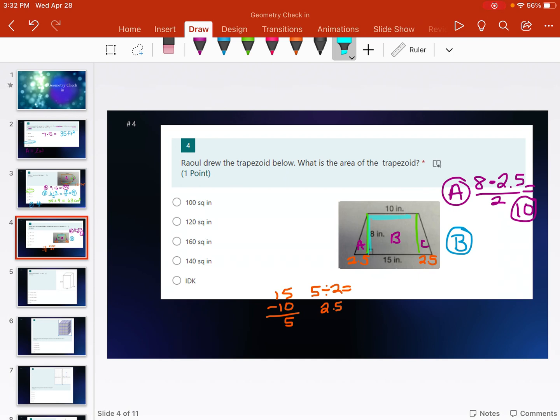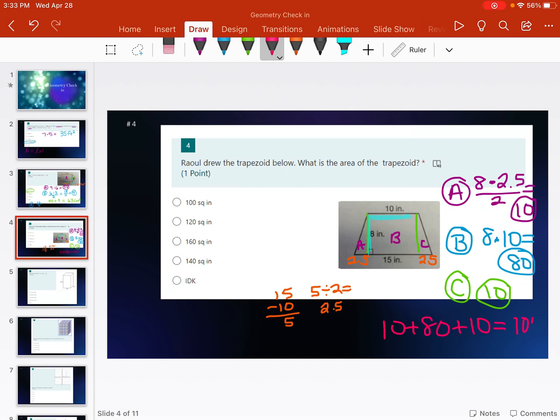That rectangle in the middle is just 10. So I'm going to do 8 times 10, which is 80. And then for shape C, shape C matches shape A, so it's also 10. And then finally, I need to add those pieces back together. So 10 plus 80 plus 10 is equal to 100 inches squared, which is right here, 100 square inches.